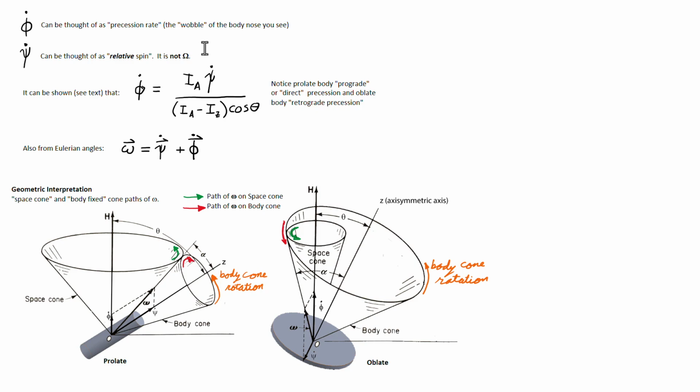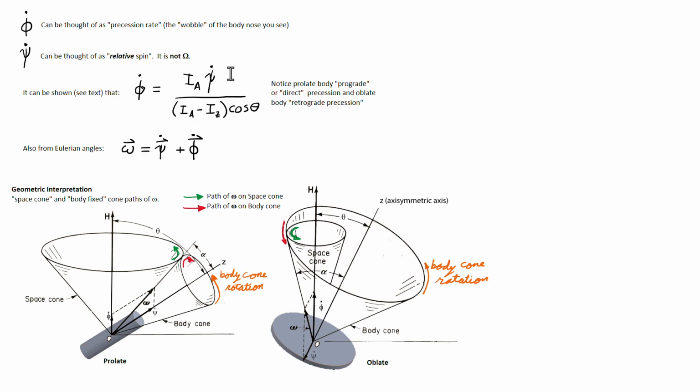It's something different. It can be shown mathematically that these two rates are actually related to each other and the moments of inertia. In the case of a prolate body, these two terms, phi dot and psi dot, are in the same direction, but they're actually in opposite directions if Iz is bigger than Ia.